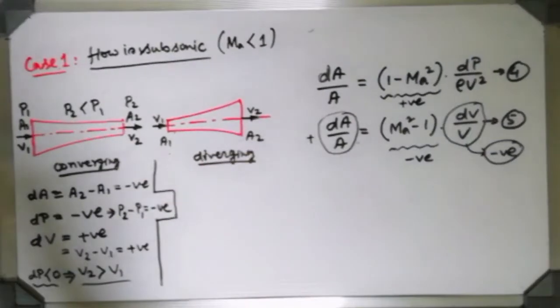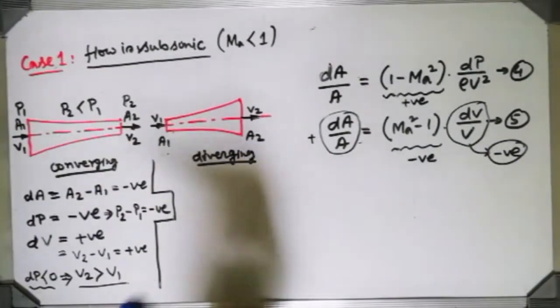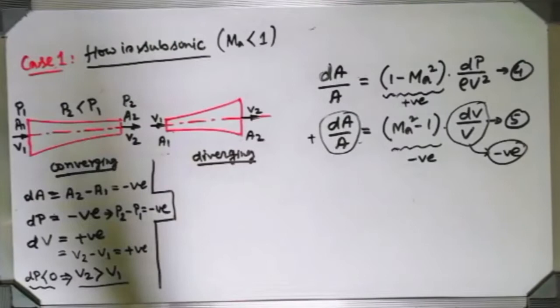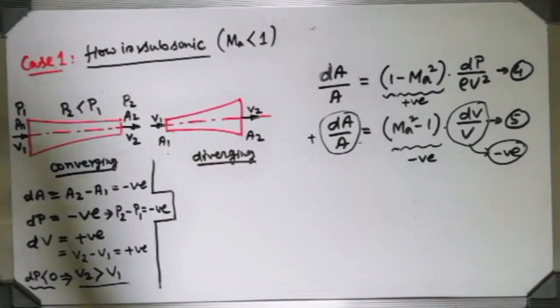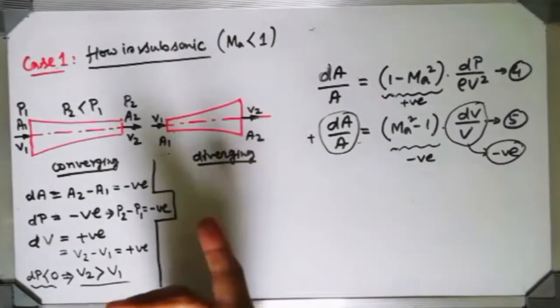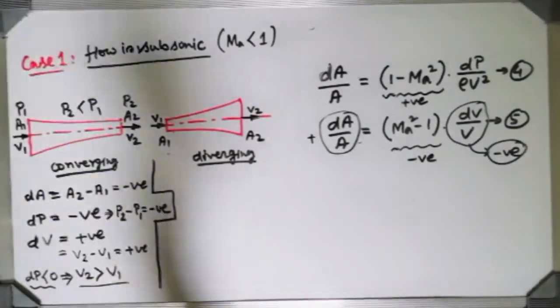No, the concept is not like that. If you want to maintain the conservation of energy law, then if one energy is increased, obviously any one of the other energies involved should decrease.